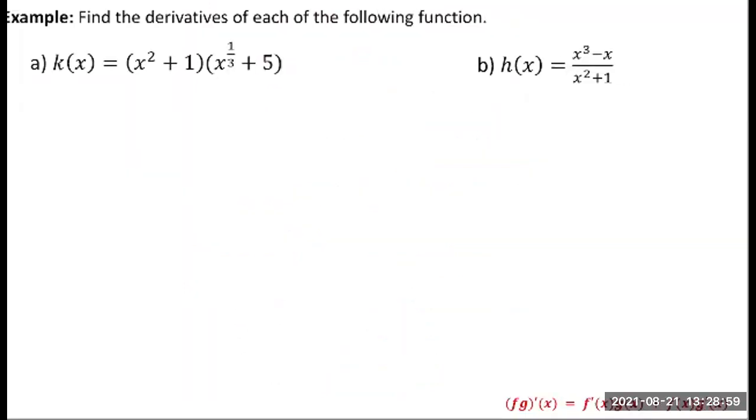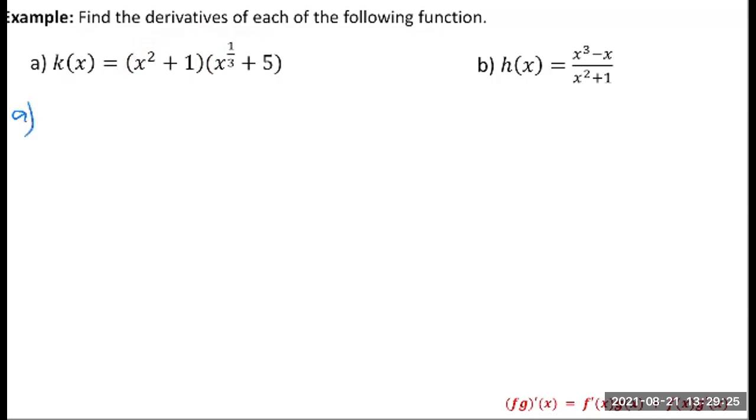Okay, next let's look at some applications. Here is the example that I want to go over. Find the derivatives of each of the following functions. Here is the first function given to us: k of x is equal to this function times the second function. How do you find the derivative of this one? Well, we can easily apply the product rule.